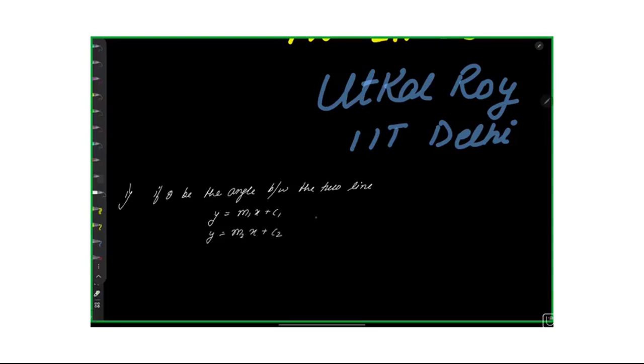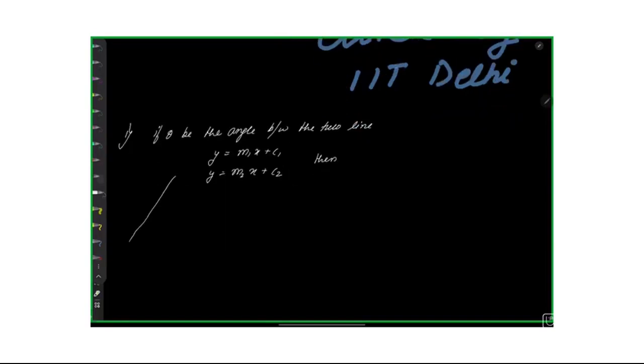Let's suppose these two lines make the angle theta, as said. Then tan theta can be written as plus minus (m1 minus m2) over (1 plus m1 m2). Very simple formula, guys.